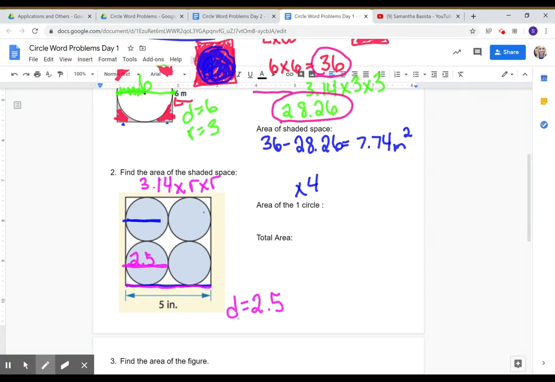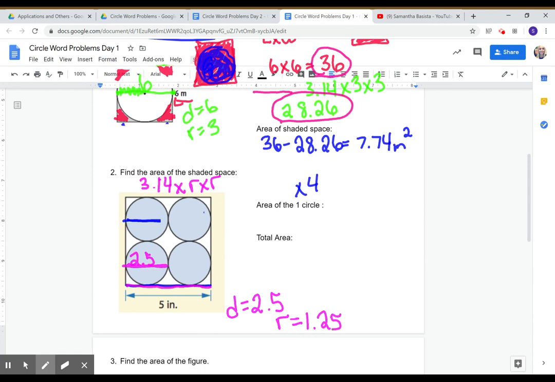So if the diameter is 2.5 and I need the radius, back up on our example problem, we did a diameter of 12 and we said the radius was 6. So I just need to find what's half of 2.5. So I need a calculator here. 2.5 divided by 2 gives me a radius of 1.5. Or sorry, not 1.5, 1.25.